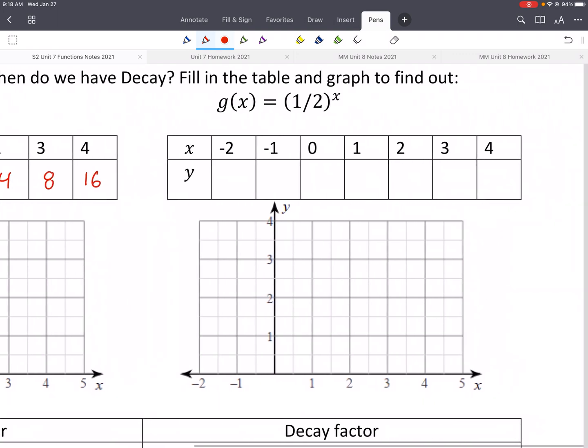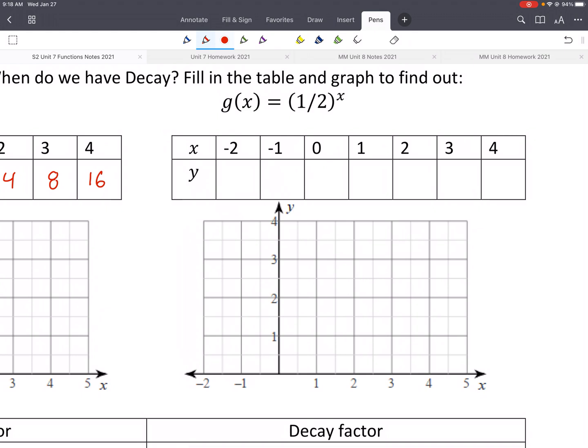And on this side, if we were to graph it, again, you could make a function or plug it into your graphing calculator and make a table. Here we would end up getting something like 4, and then 2. So every time it's getting halved. Okay, so 4, then 2, then 1, then a half, then a fourth, and then an eighth, and then a 16th. So let's graph that.